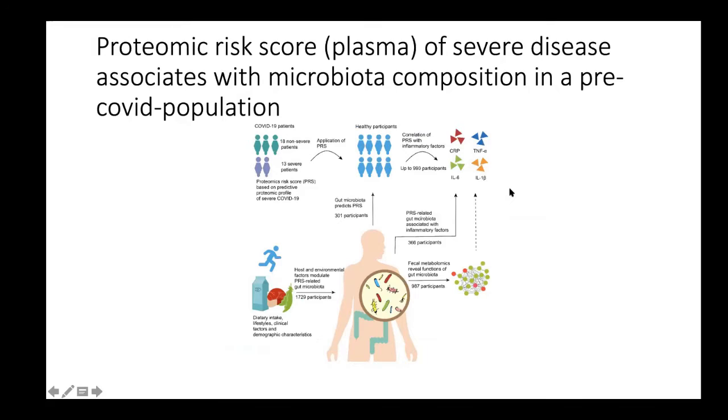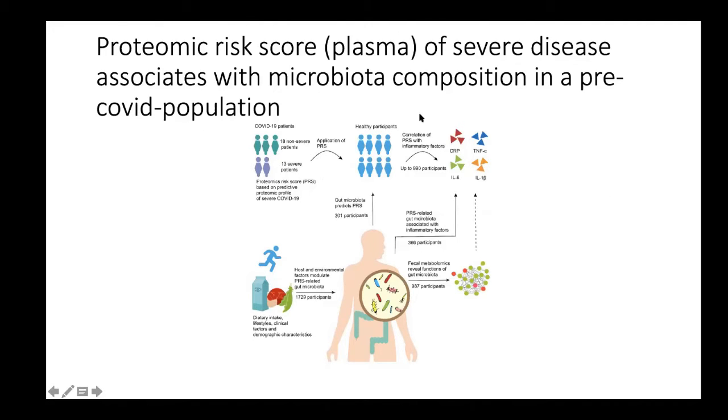And then they go back to a study they did several years ago, before the occurrence of this virus at all, where they had more than 1,700 individuals with microbiota profiles and blood, so they could measure the same proteins in blood. And there they found that this proteomic profile associates somehow with some composition of the microbiota. So in healthy individuals, there's some association between some proteins and what's going on in the gut.